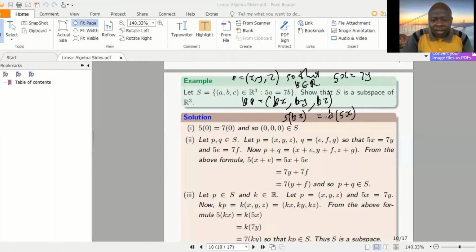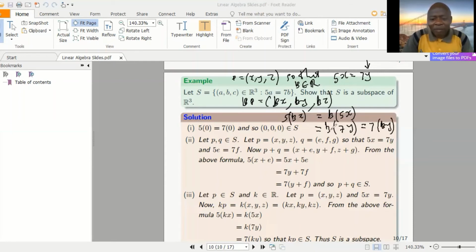Now look what I've written here. I've said that 5 times beta x will be beta times 5x. But I know what 5x is. It is 7y. So this is beta multiplied by 7y. And of course, if I use associativity and commutativity at the same time, this will be 7 multiplied by beta y.